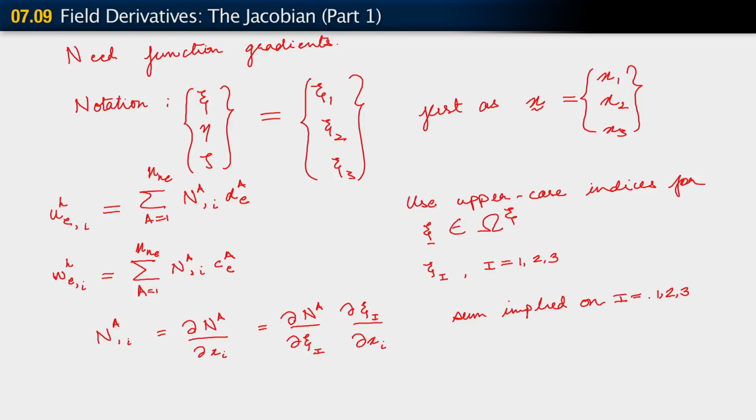Now, this is straightforward for us to calculate, and I'm actually not going to write it out again, because we know each of the N_A in terms of the corresponding xi1, xi2, xi3, which were formerly our xi, eta, and zeta.